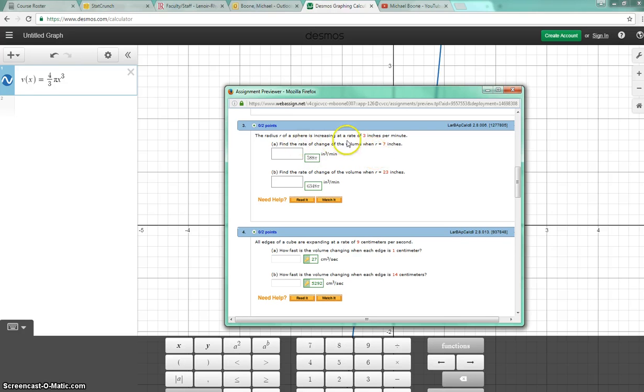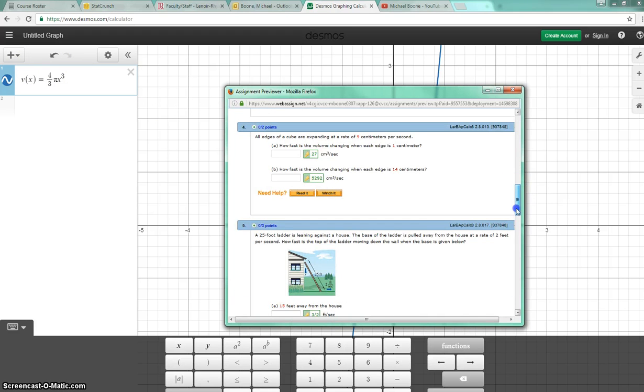So we know what dr/dt is, the rate of change of my radius is 3 inches per minute, and then we're asked to find dV/dt, an actual value, the rate of change of the volume when the radius is 7 inches. I'll do a supplement for this one, but the main thing is we have to recall this equation.